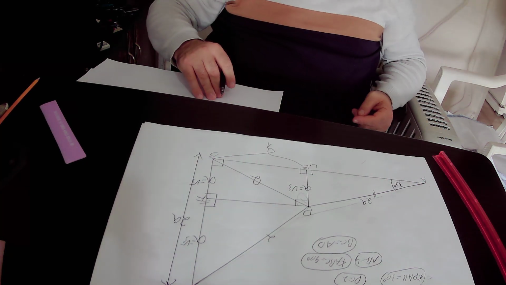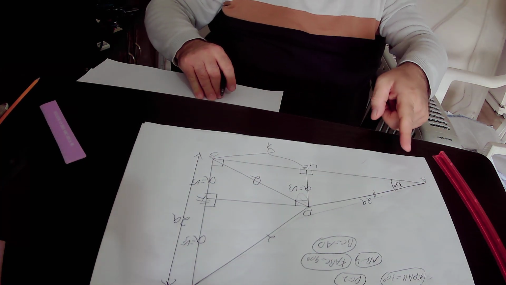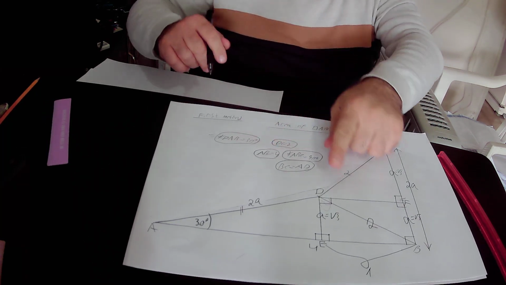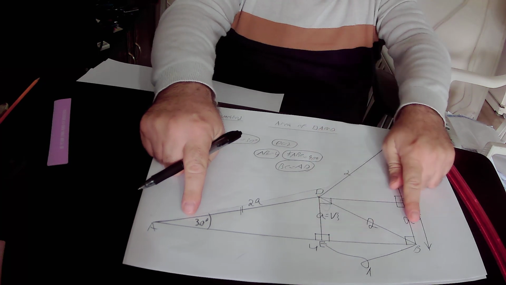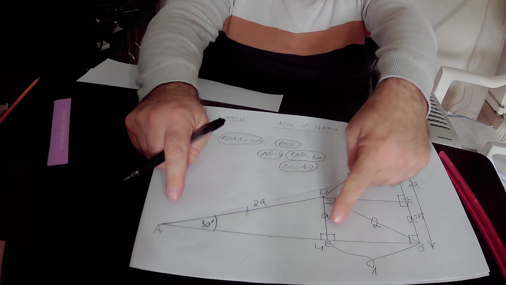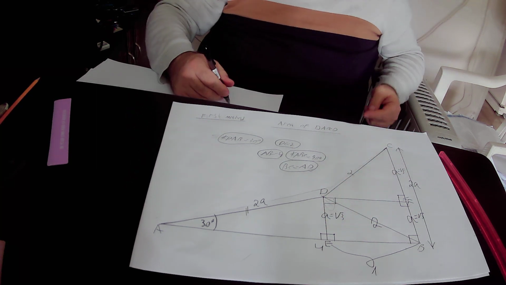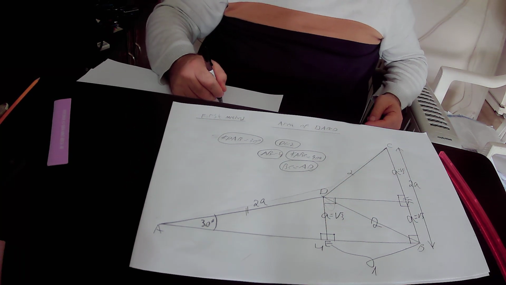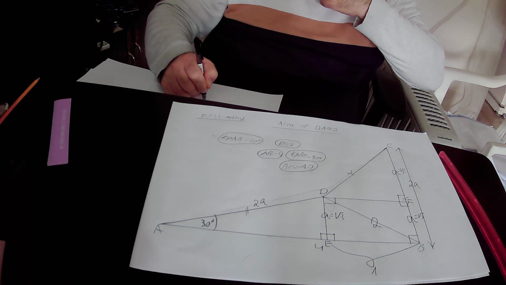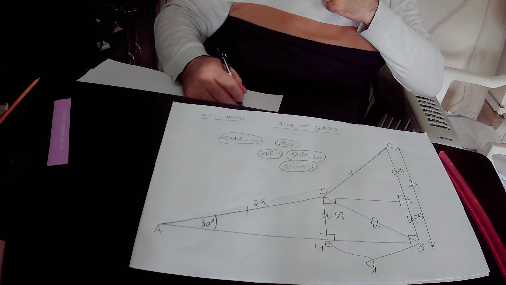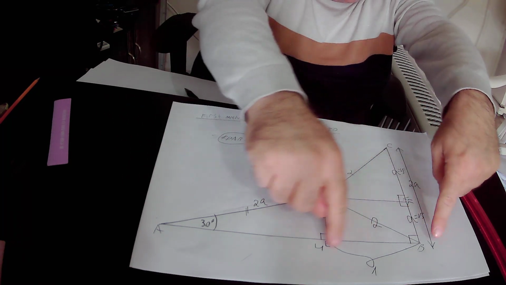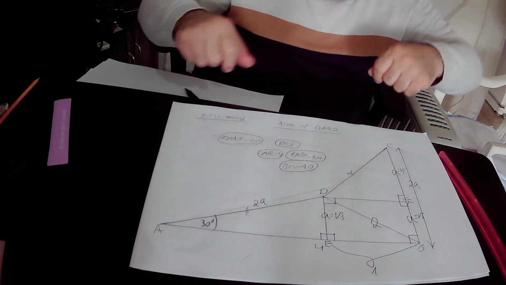And what is the value of AE? AB minus EB equals AE.